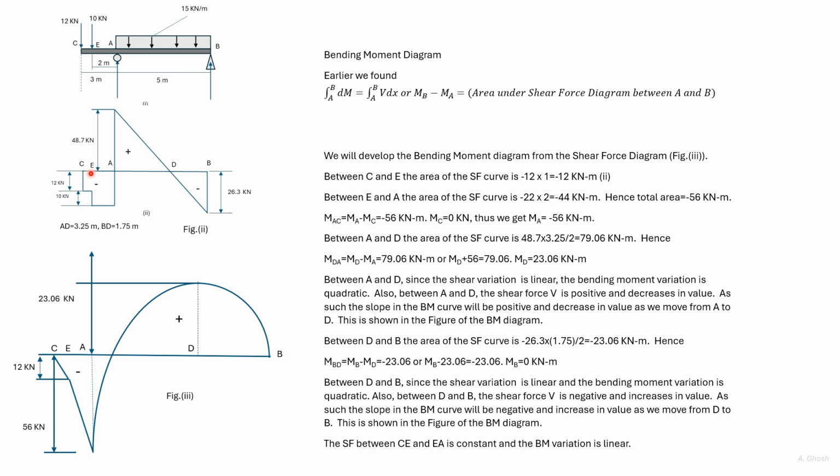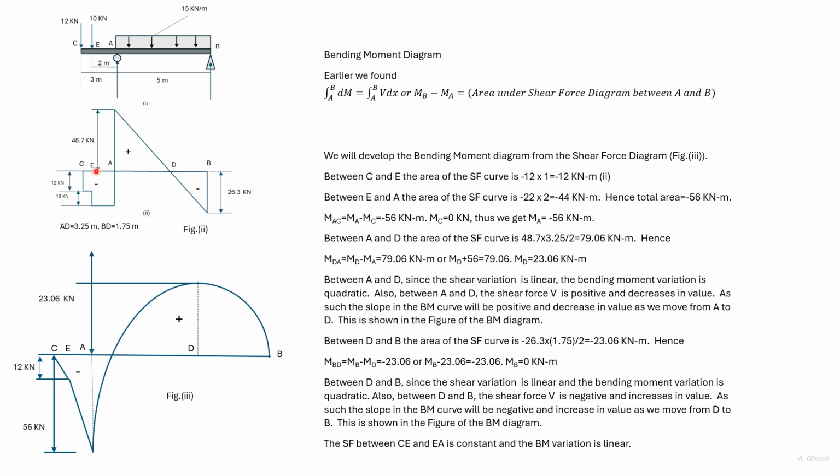Between C and E, the area of the shear force diagram is minus 12. So we have plotted the bending moment at E as minus 12. Since this variation is constant, the variation in the bending moment diagram is linear.